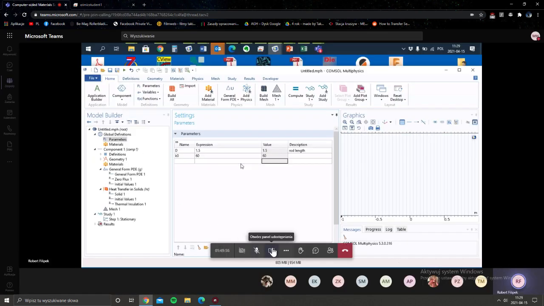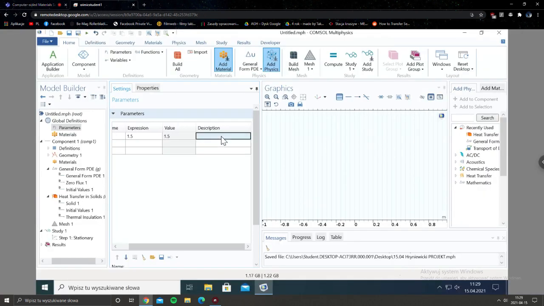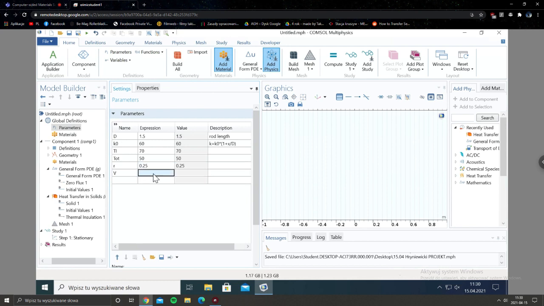This equals K0 by 1 plus x divided by D. All right. We should have some R. TL is 70. All right. T0 is 50. All right. What is R? R is 0.25. Okay, thank you. And capital V is 20. Right.